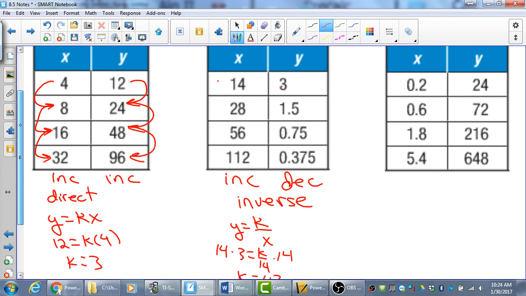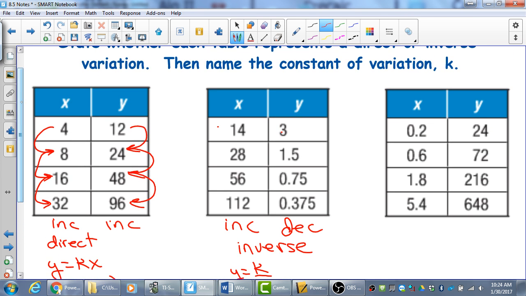Last one. 0.2, 0.6, 1.8, that's increasing. 24, 72, that's definitely increasing. So we have a direct. We have y equals kx, you multiply with direct. I can't avoid decimals here, but 24 is equal to k times 0.2.